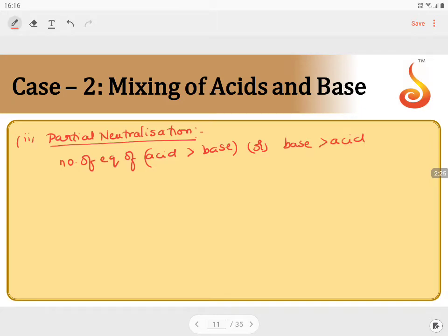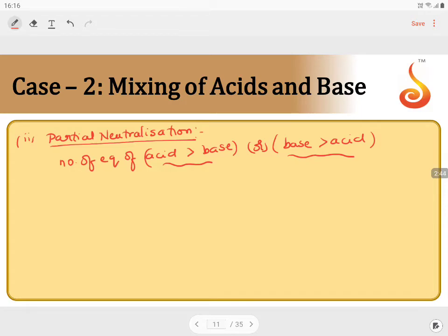These are the two cases that can be possible. Either base exceeds the acid or acid exceeds the base: equivalence of acid greater than equivalence of base, or equivalence of base greater than equivalence of acid. In such cases, how do we find the resultant normality of the solution?